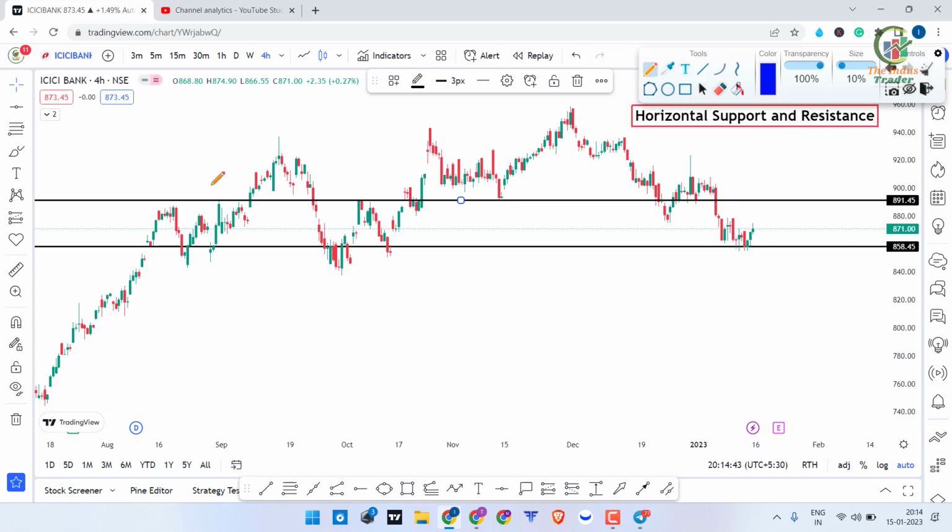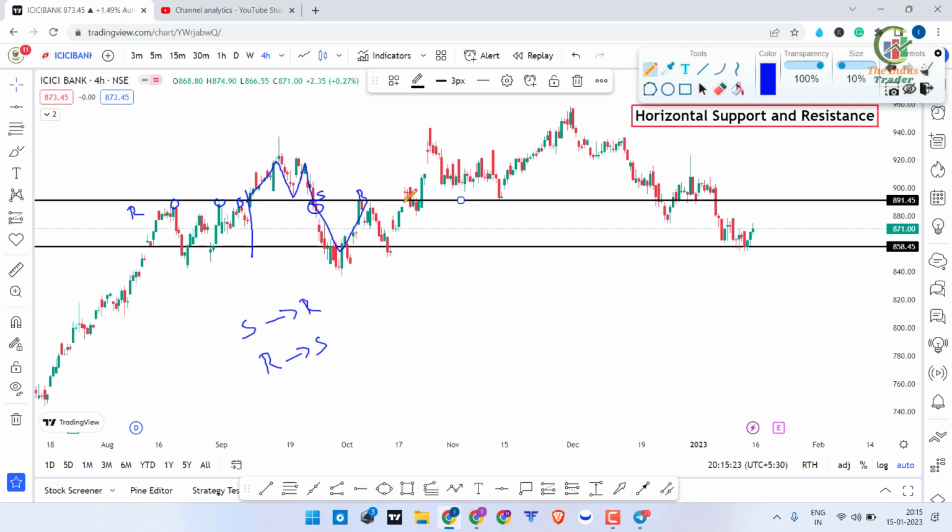The conditions are like this: if you see, up to here it acted as a resistance. Three times it acted as a resistance, and when it crossed this particular resistance it became support here, and once it broke, again it became a resistance here. This is the example. Once the support breaks, it can become resistance, and resistance can become support.